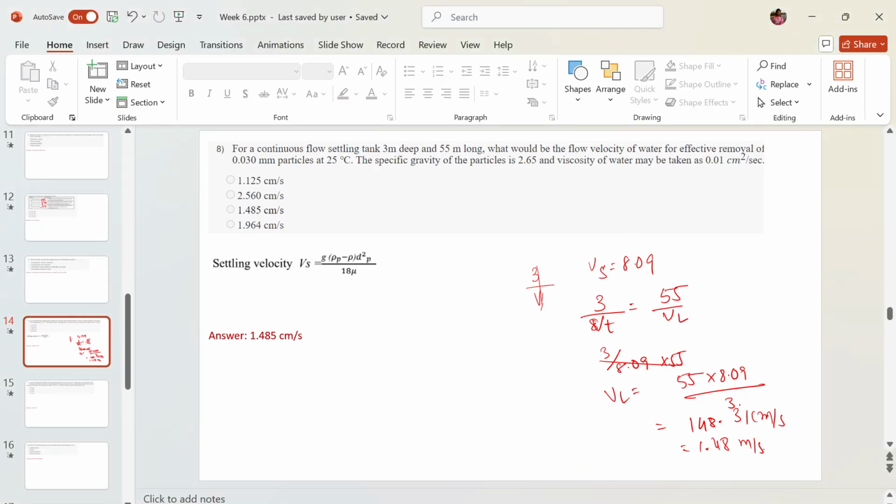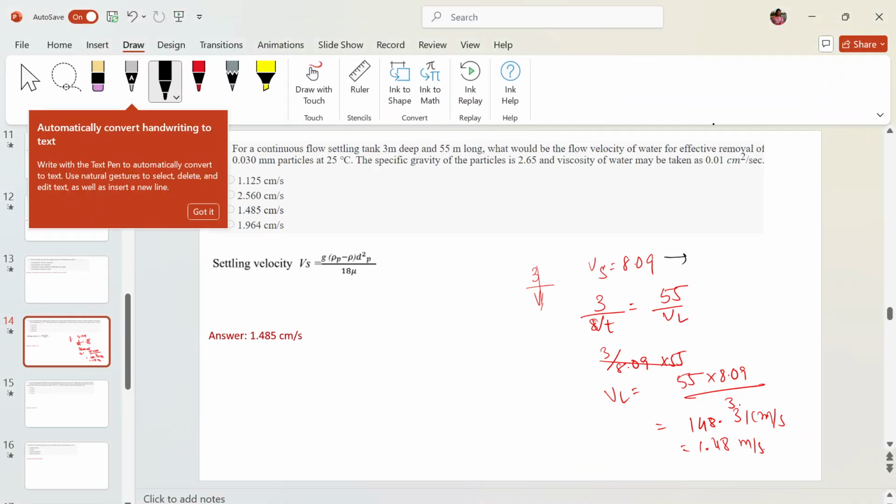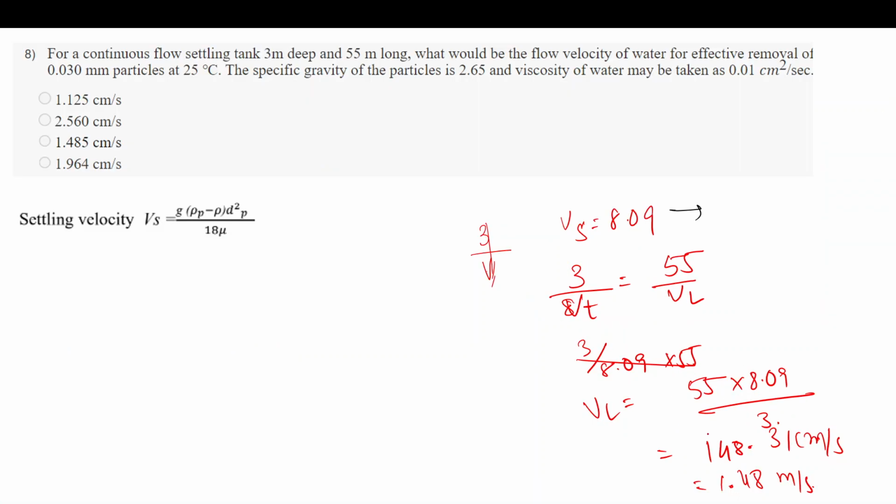So here, the mistake we made is that this 2.65 we converted into kg per meter cube. It will remain as 2.65 only, not 2650.